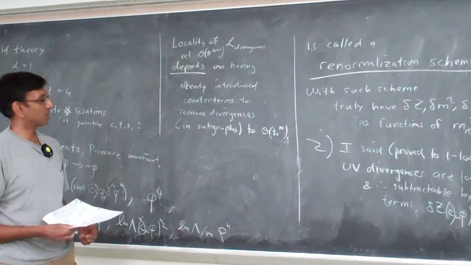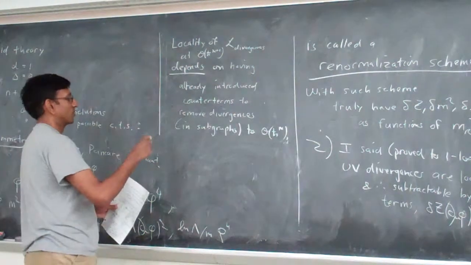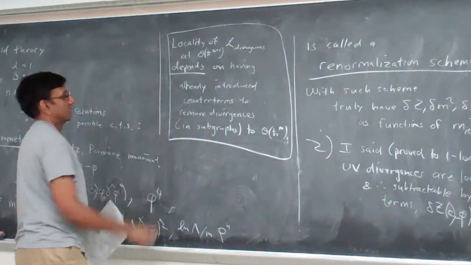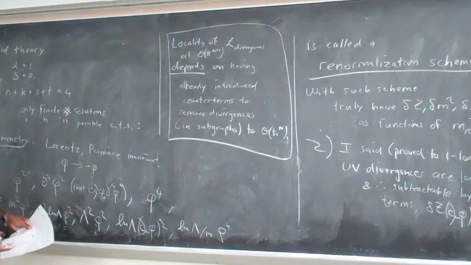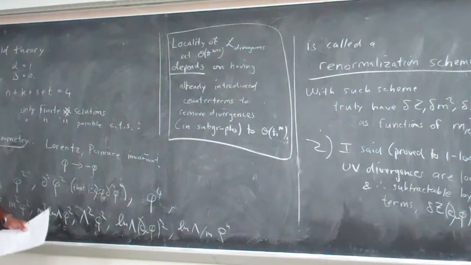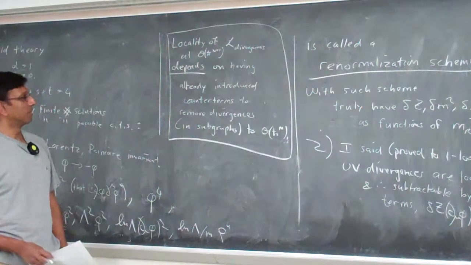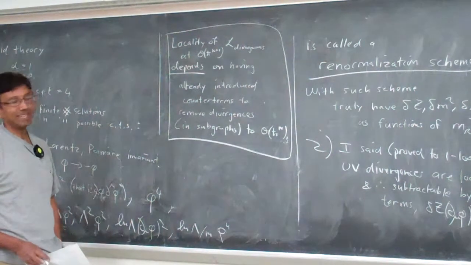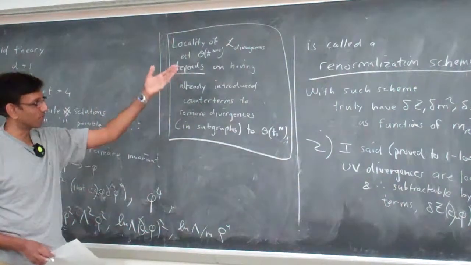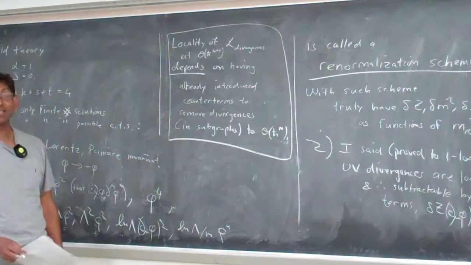I'm not trying to emphasize this at this level of the course, but if you just play by the rules of renormalizing order by order in perturbation theory, you are not going to hit this issue, because it will take care of itself. So that is a small but important aside: the theorem that divergences are local is to be read in this sense.